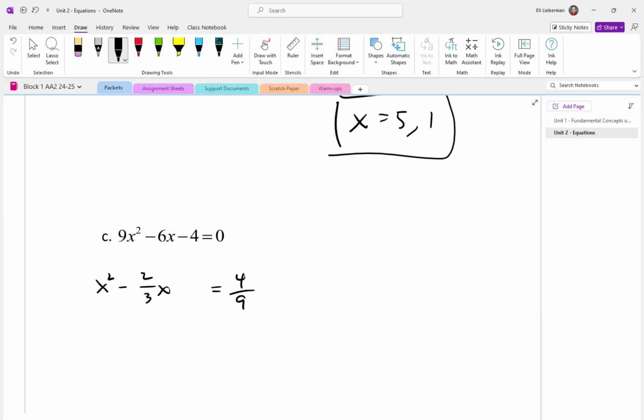Eventually you have to divide by 9. Make sure your neighbor is okay with this. I will be calling one person to help us out.